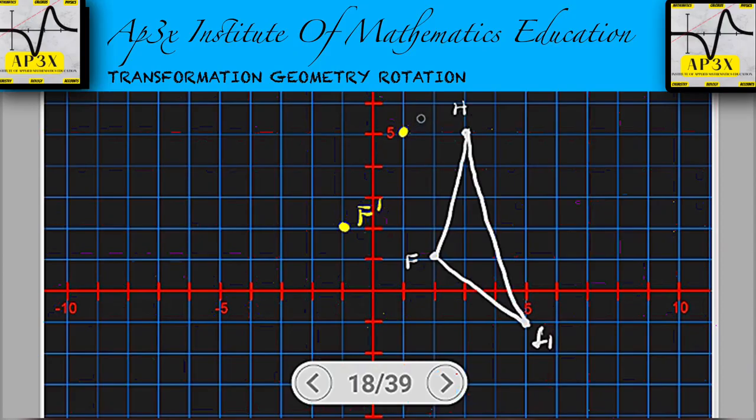That's my G prime. And my H prime is negative 5, 3, so that's 1, 2, 3, 4, 5, up 3. That's my H prime. By connecting this, you'll see that a rotation has occurred.